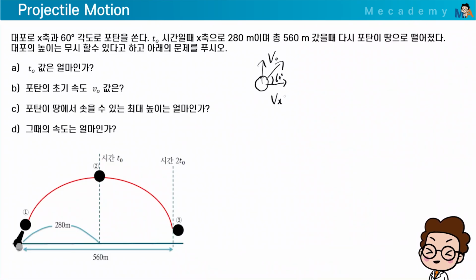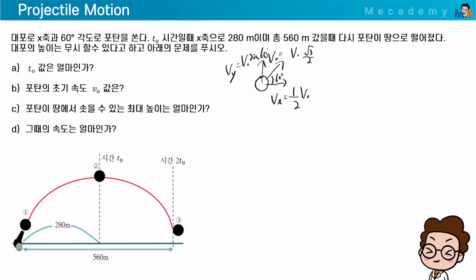So now split by Vx here, then Vx is cosine 60, so how much is it? It would be 1/2, right? Then it becomes 1/2 times V0, and then what is this? Vy is the square root of 3 over 2 times V0, because it's sine. So V0 times sine 60 degrees would be V0 times the square root of 3 over 2.